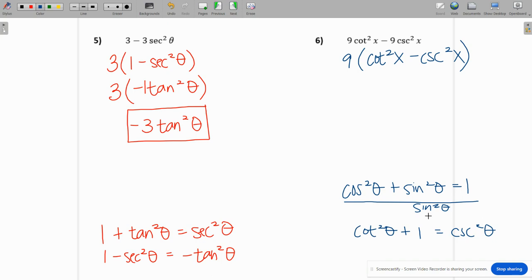So now let's manipulate this to look like this. If I want cotangent squared minus cosecant squared, I'm going to take away cosecant squared on both sides. But that also means that I have to take away 1 on both sides. So cotangent squared minus cosecant squared is going to actually equal negative 1. So this would be 9 times negative 1, or negative 9.